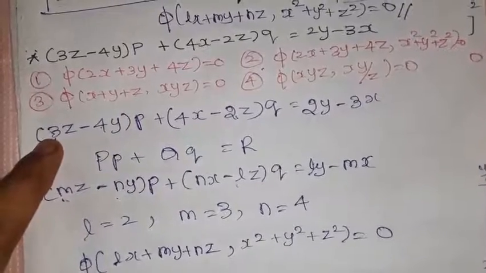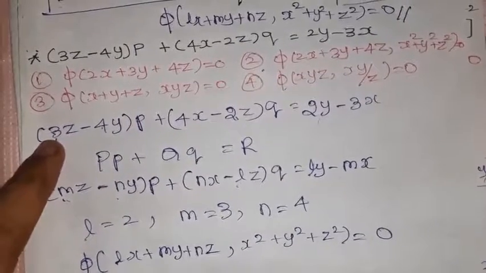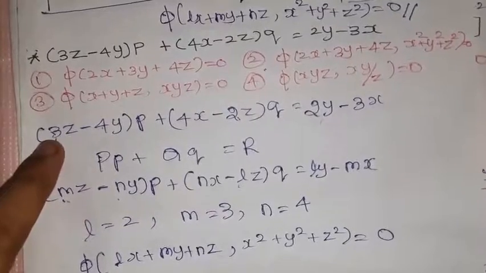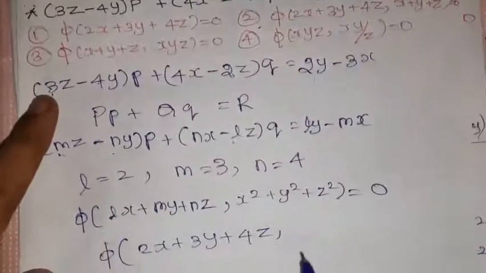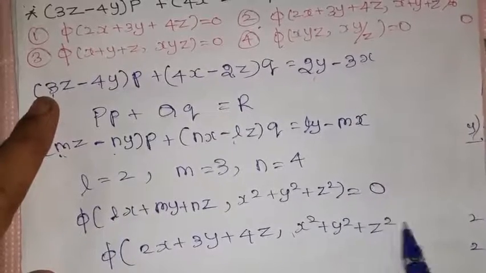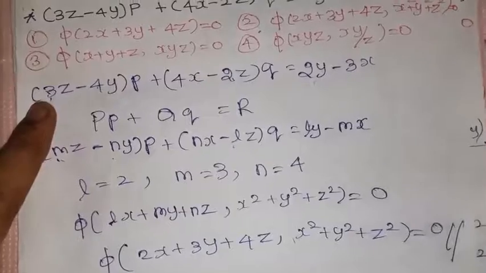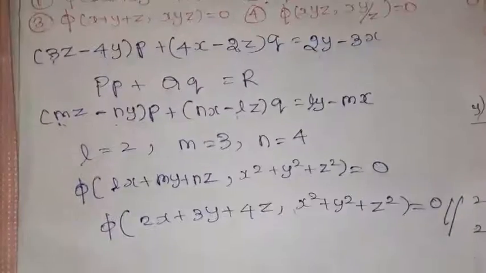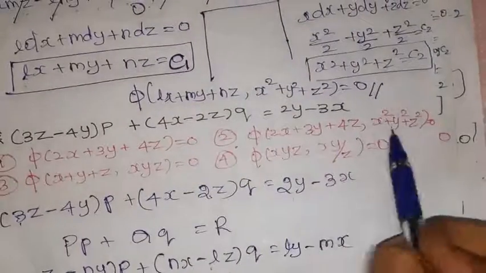Just substitute the l, m, n values in the solution, we will get 2x plus 3y plus 4z comma x squared plus y squared plus z squared equal to 0. Simple. By comparing with the previous problem, we can find the solution for this equation. Option 2 is the right option.